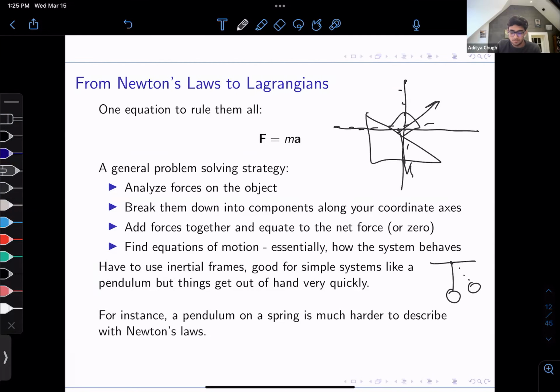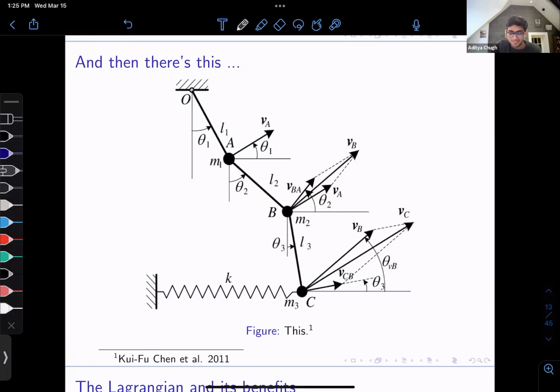But if you have a spring and that acts as a pendulum, it makes things much harder. It would be pretty tedious to use Newton's laws to find the equations of motion. And as an example, just to hit the point home, if you have a system like this, I would feel sorry for you if you had to use Newton's laws to analyze this.